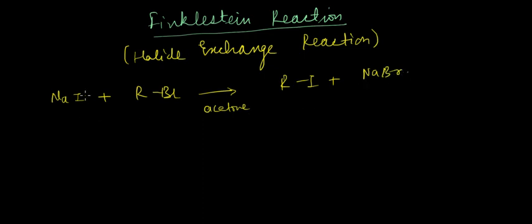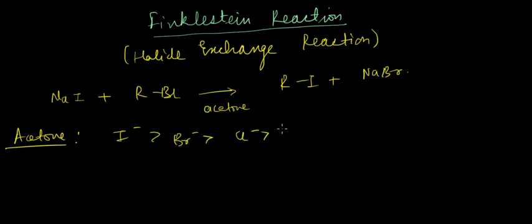So here you can see that we have I minus and here Br minus, and the stability of I minus is also higher in the solvent called acetone. So why does this reaction go forward? Any guesses? This is the stability order. So shouldn't it go in the backward direction, because I minus is more stable than Br minus? So you are right if you have thought that this should go in the backward direction, as I minus is more stable than Br minus.